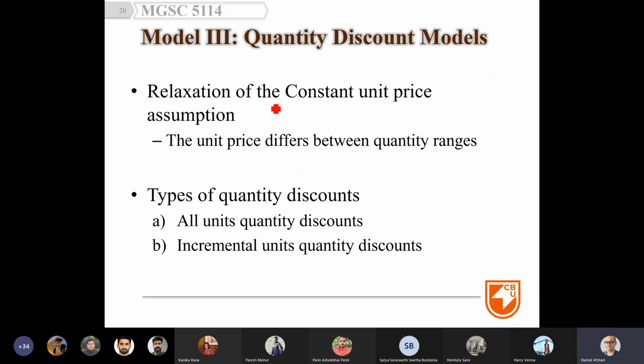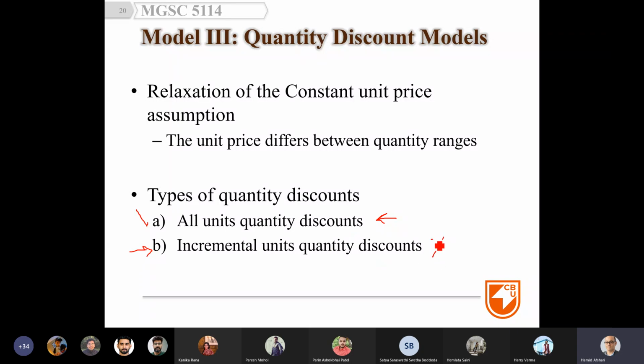Okay, so let's see how many types of discount we may have. The first system of discount is called all unit quantity discount, which is a very simple system. We will study this system. The second type of quantity discount systems is called incremental unit quantity discount.